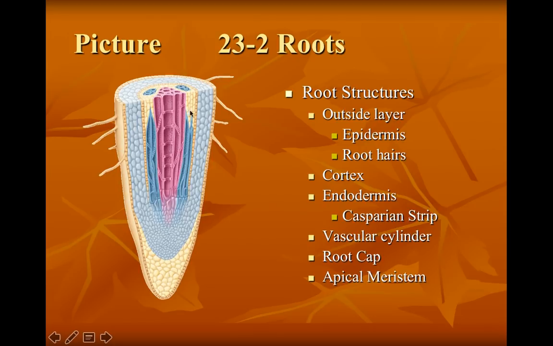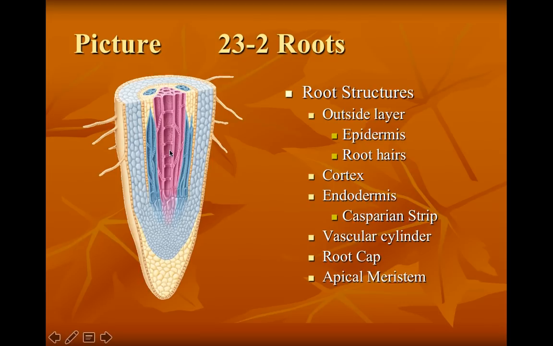Then you have the vascular cylinder, which is everything inside of that Casparian strip, inside of that endodermis. It's a cylinder on the inside of the root, like a core of the root, and in that you would find the xylem and the phloem.